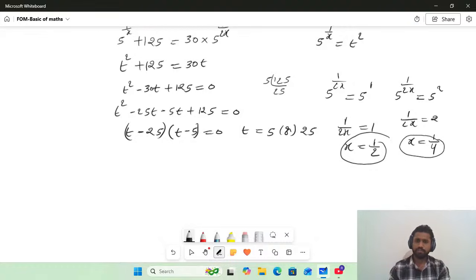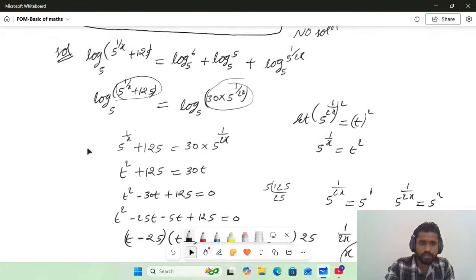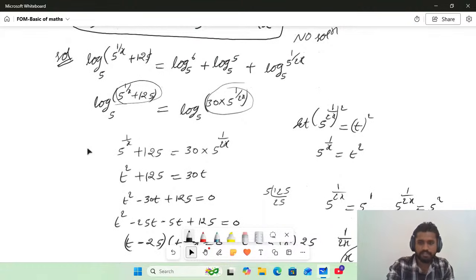We got two values. But if we substitute x equals 1 by 2 and x equals 1 by 4 in the given equation, x-th root of 5, in place of x if you substitute 1 by 2, have you seen any such expression before?